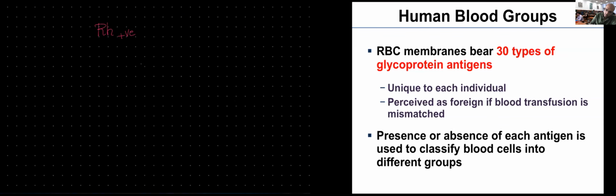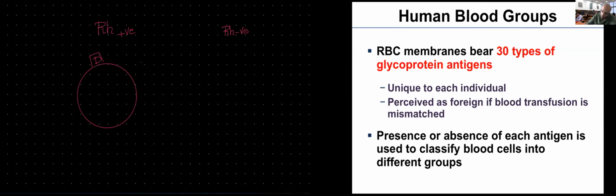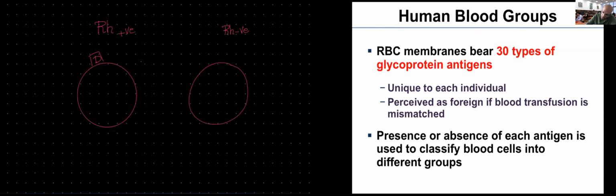It means that my red blood cells are presenting antigen D on their surface. Being RH negative means that my red blood cells are not presenting antigen D on their surface. So again, what is a positive and a negative? It's different blood typing.